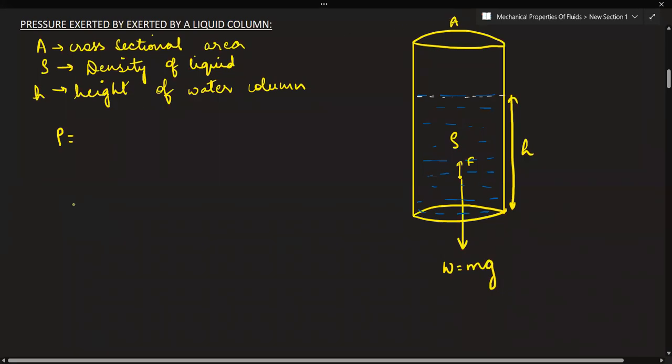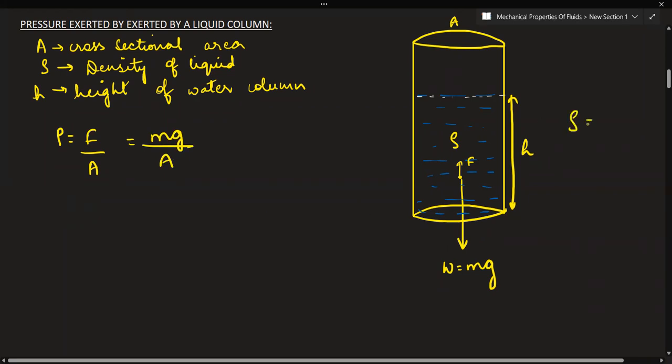F by A. And force is equal to the weight. So can I replace F by mg, mg by A? Is it fine? Yes, ma'am.